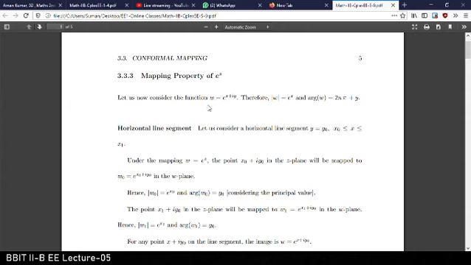And what about the argument of W? Its real part is e to the power x cos y, and imaginary part is e to the power x sin y. If I write imaginary part as v and real part as u, you take the ratio v by u, e to the power x will cancel out, and you will get tan y.